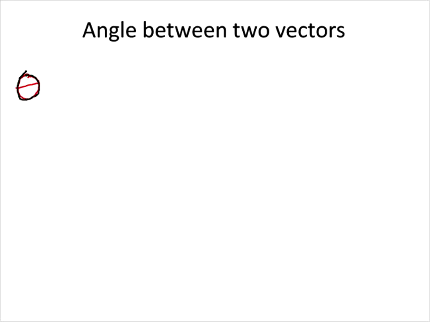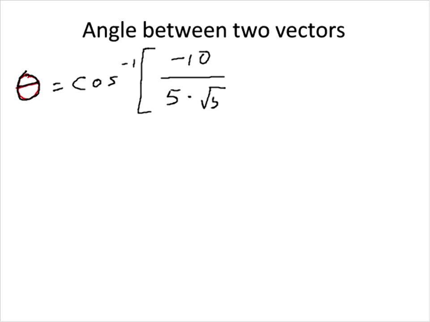The angle between any two vectors is equal to the cosine inverse of this giant thing. Now it's supposed to be the dot product of A and B, but we now know that to be -10, divided by the product of their magnitudes. So that's 5 times the square root of 5.